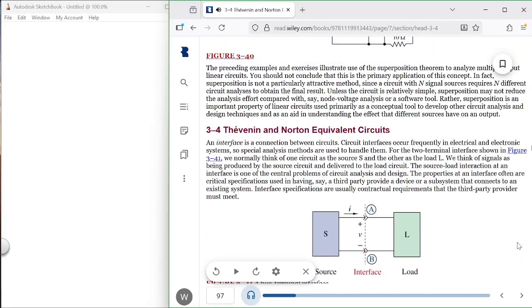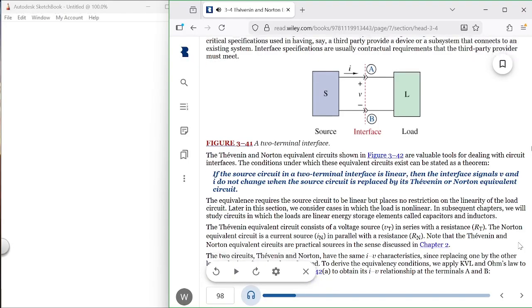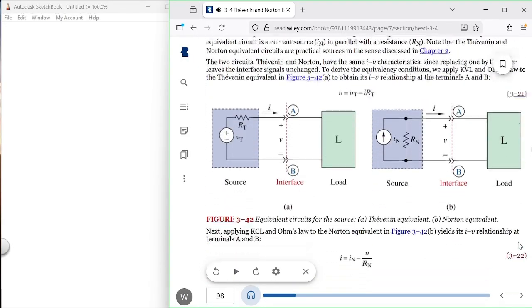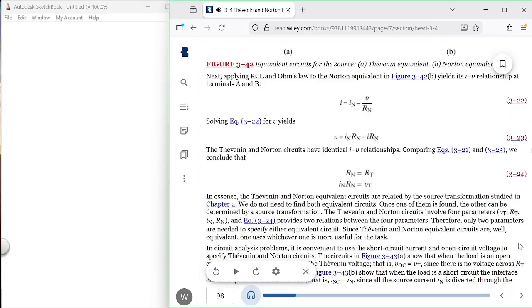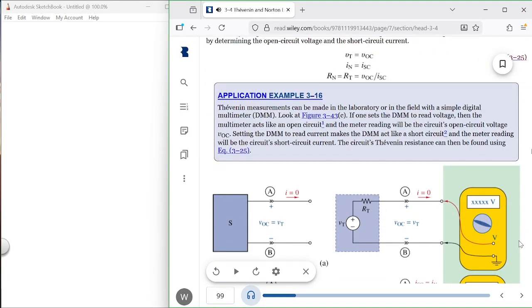Anyway, so Thevenin. Thevenize everything before your eyes. Okay, so this talks about Thevenin and Norton. And the other day we talked about flipping back and forth between the two.